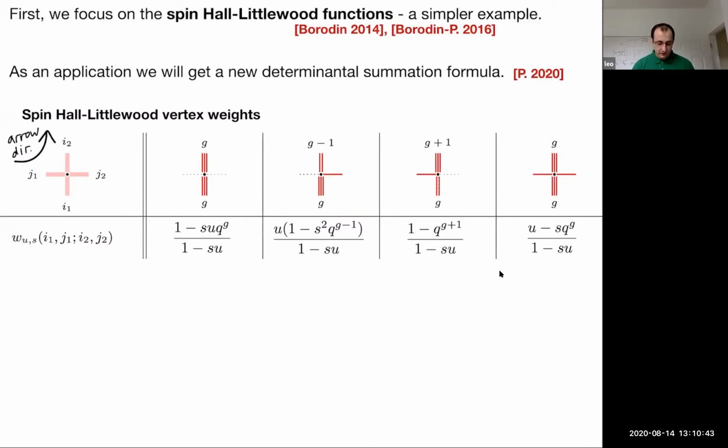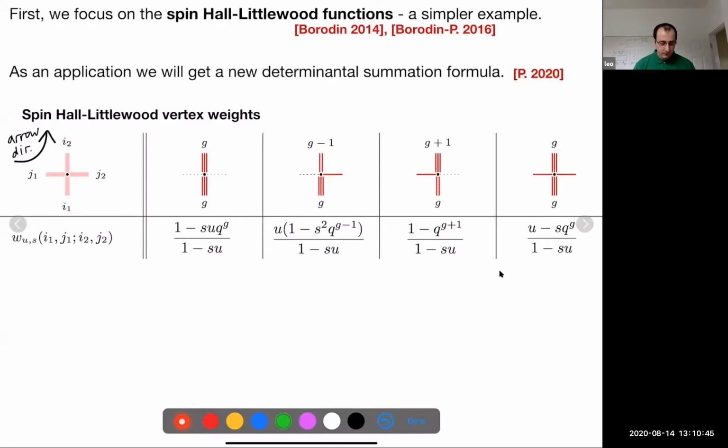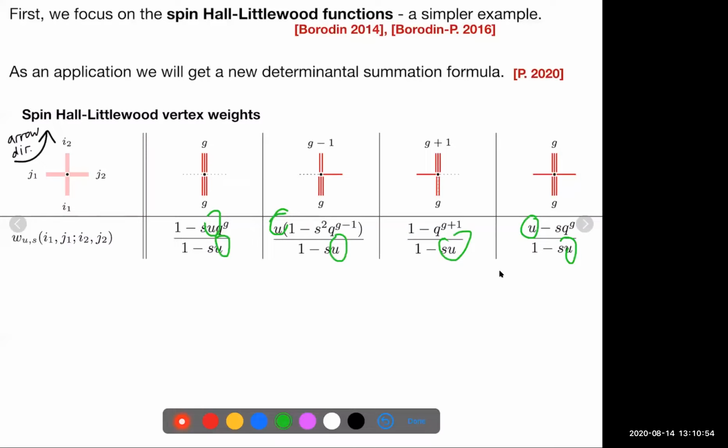So here you have a spectral parameter u, which enters formulas in many places, and then you have a parameter s, and then you have a quantum parameter q, which is between 0 and 1.